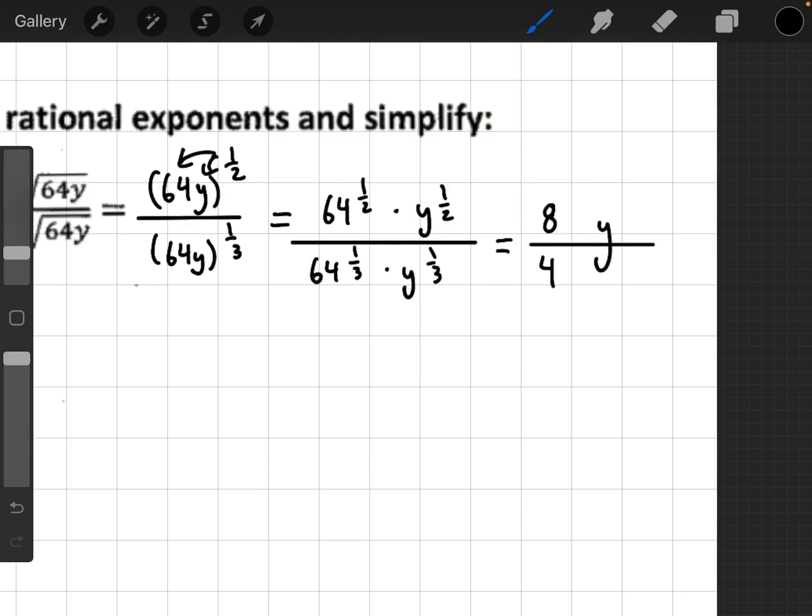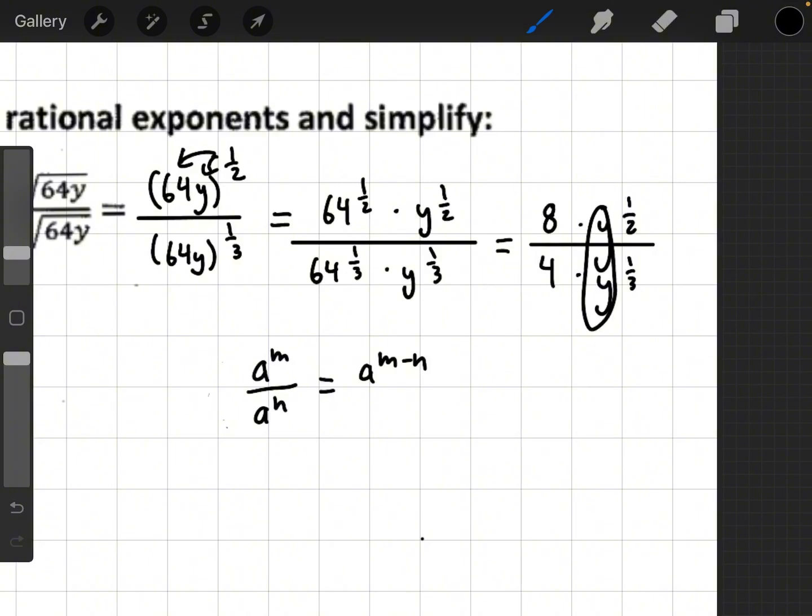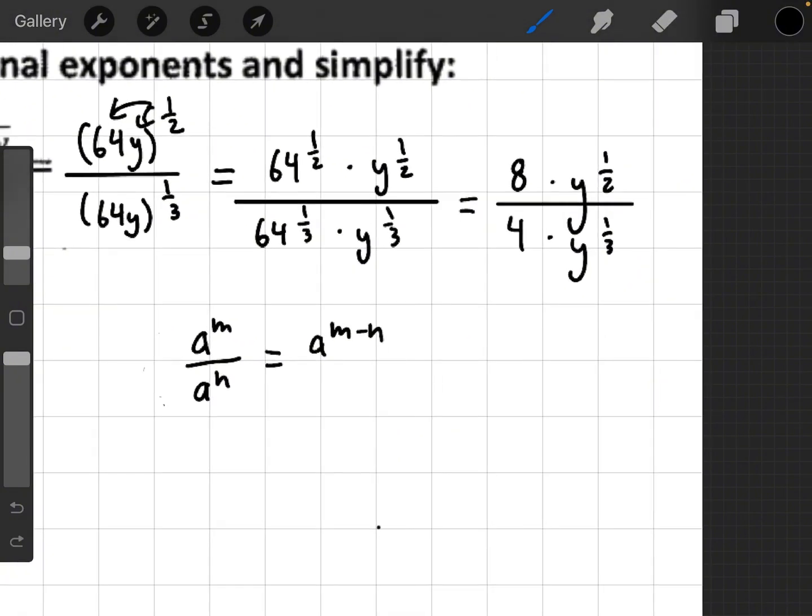Now we're left with our y's, 1/2 and 1/3. Now when we have a fraction of a to the power of m over a to the power of n, this is equal to a to the power of m minus n. So we see that these two are the same bases, which luckily they are the same bases here in our example.